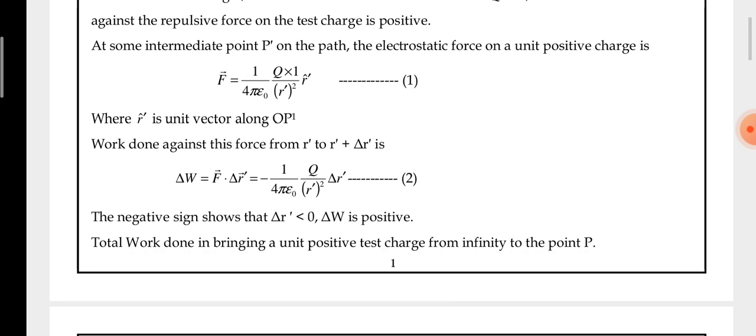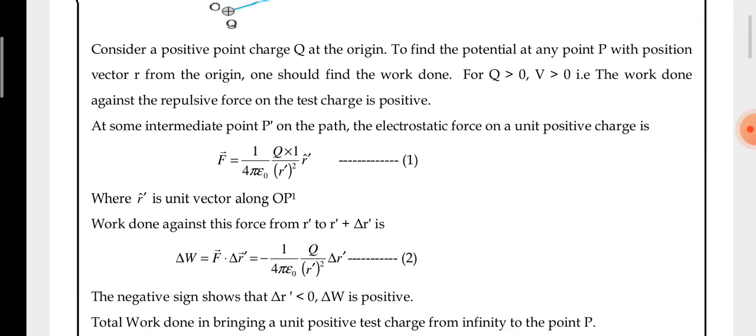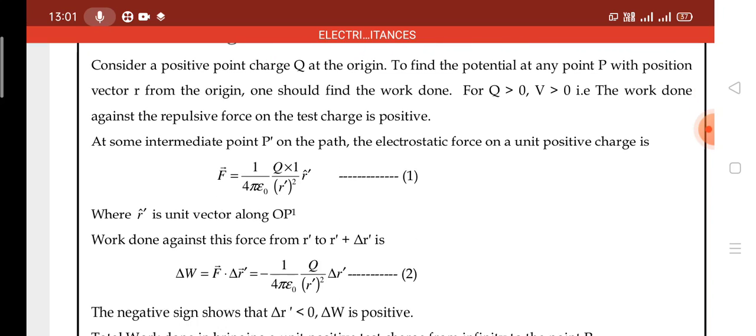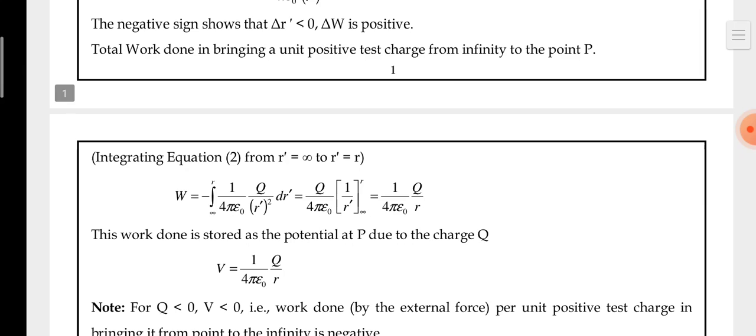Let it be. The total work done to bring the unit positive charge from infinity to point P in the electric field means we have to integrate from infinity to distance r. So the total work done, capital W equal to minus integral from infinity to r of 1 by 4 pi epsilon naught Q divided by r dash square dr. On integration, at the end we get 1 by 4 pi epsilon naught Q divided by r.